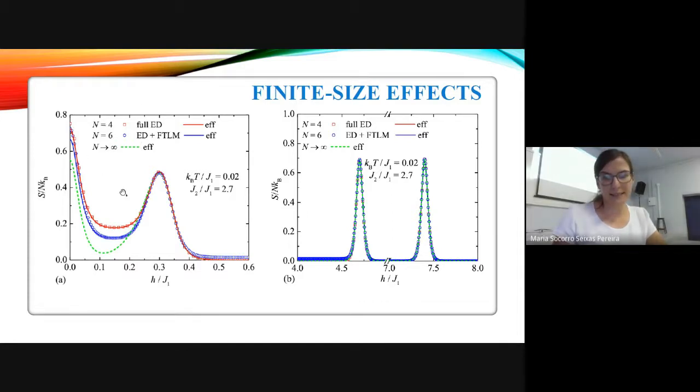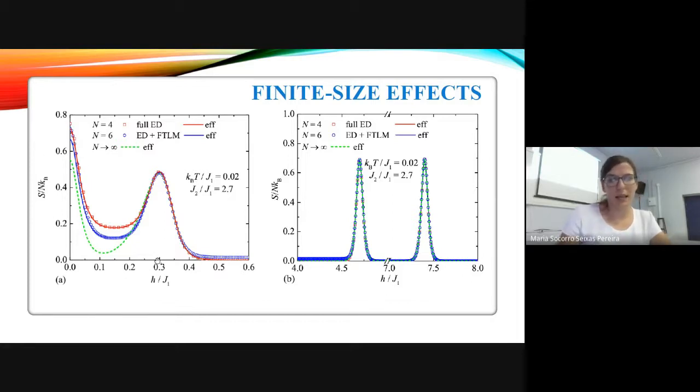As you can see, at the high field region there is no finite size effect for these systems, only for small fields there are some finite size effects, which persist up to a magnetic field of 2.25. The bigger the system size, the smaller the entropy.